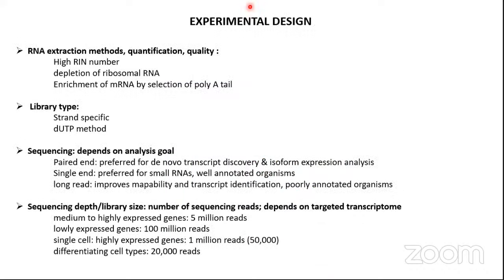Let us see first the experimental design. In experimental design, there are a few steps which are very critical. First comes the RNA. Where is our RNA coming from? The RNA source is important, because if it is coming from blood, it will be very good. But again, how much time do you collect, and what is the time gap between the collection and the RNA extraction?